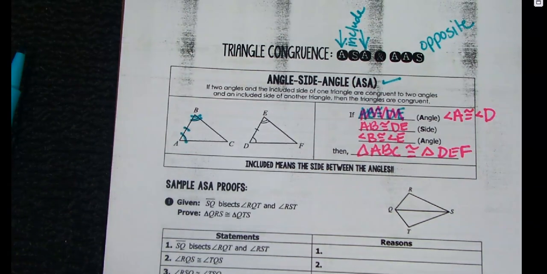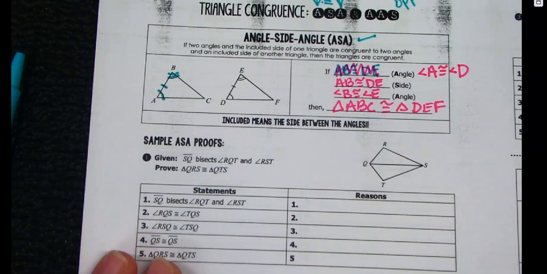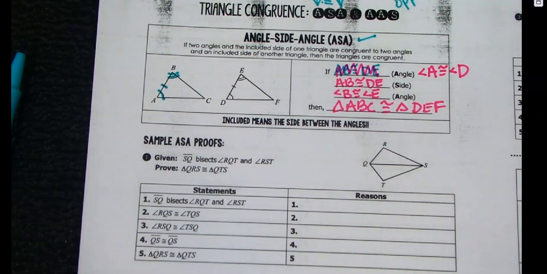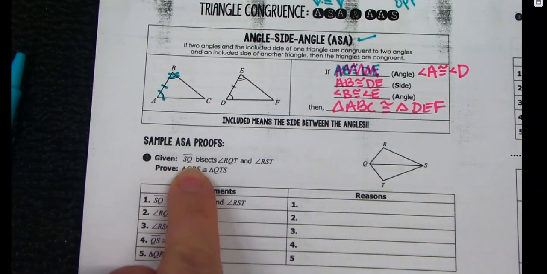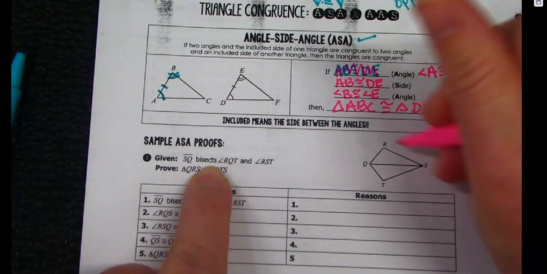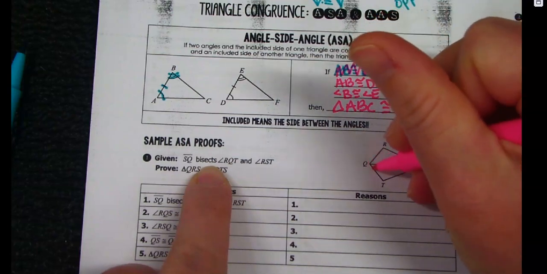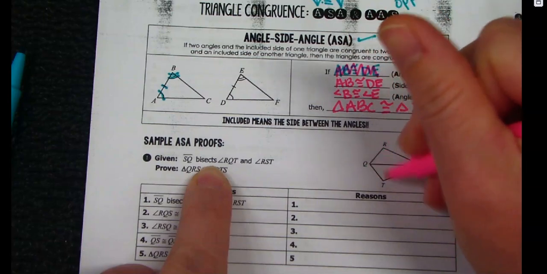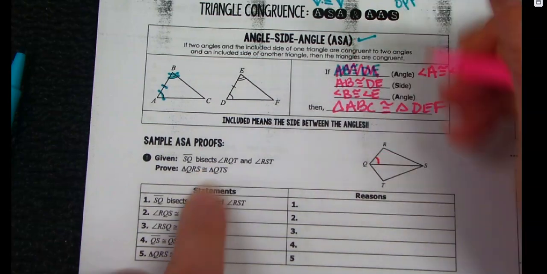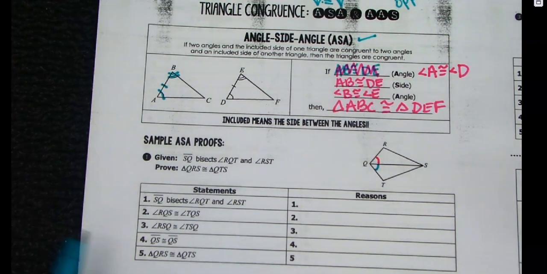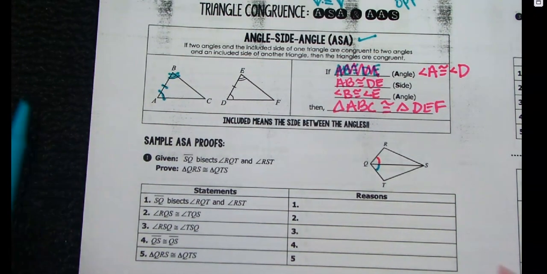We're going to look at some proofs just like we did last time. Here's a sample proof for angle, angle, side. It tells us in the given information that SQ bisects angle RQT. So this angle here and this angle here are going to be congruent based on it being a bisector.